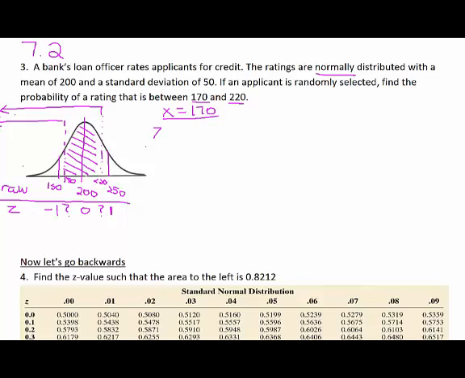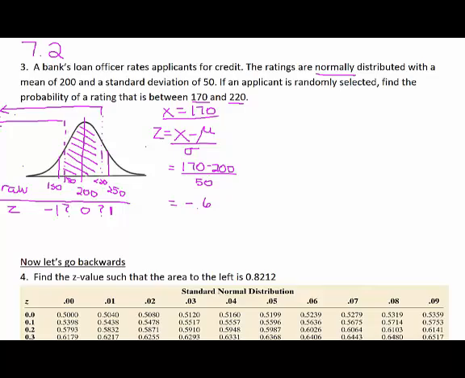Okay, so here's my formula. It's whatever we're testing minus the mu, divided by the standard deviation. So that's going to be 170 is what we're testing, minus 200, that's the mu, divided by 50. And when you crank all that out, you're going to get -0.6, which is exactly what we thought it was going to be, because that's about where it's falling on our z part of the picture.